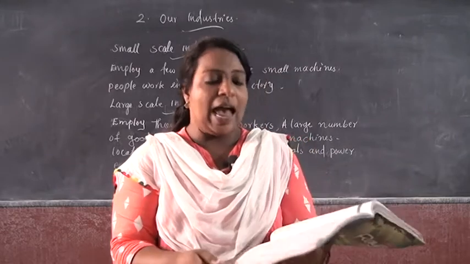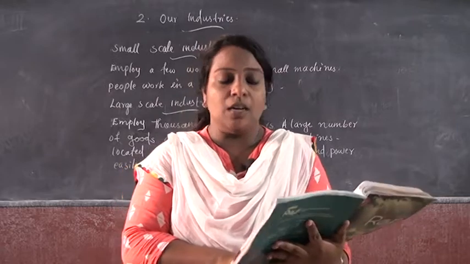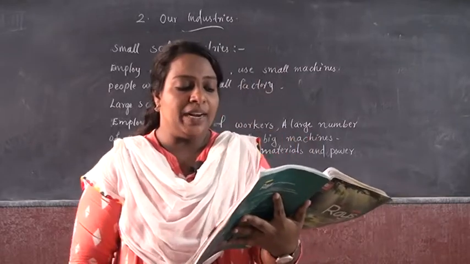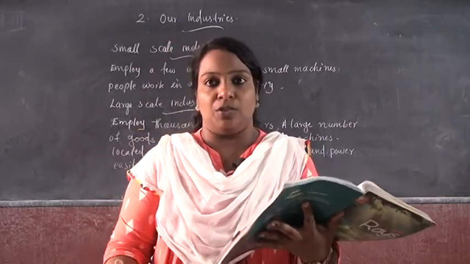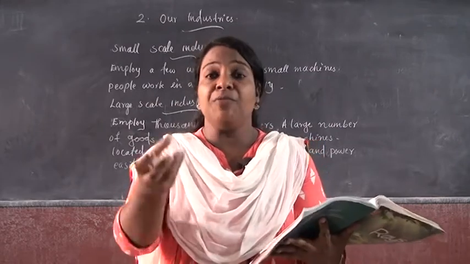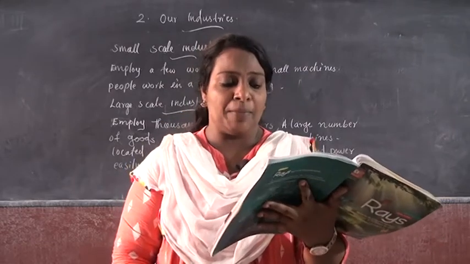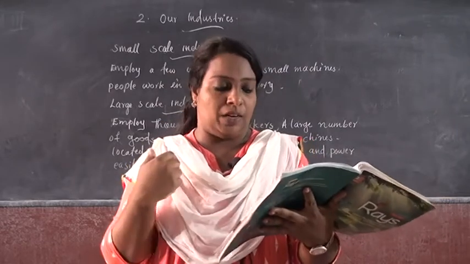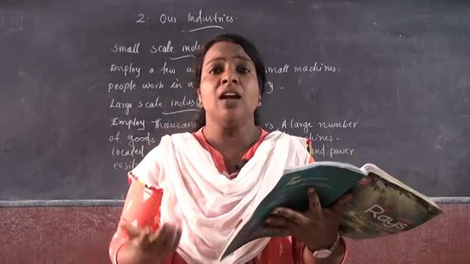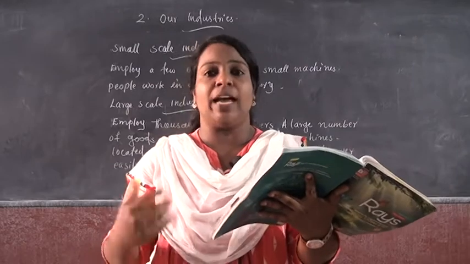Okay children, now we'll check the textbook activities. First one, circle the correct answer. Is bread a raw material or a finished good? The answer is bread is a finished good, and wheat is the raw material. Are goods made in a park or a factory? Goods are made in a factory. According to size, are there 3 or 4 types of industry?